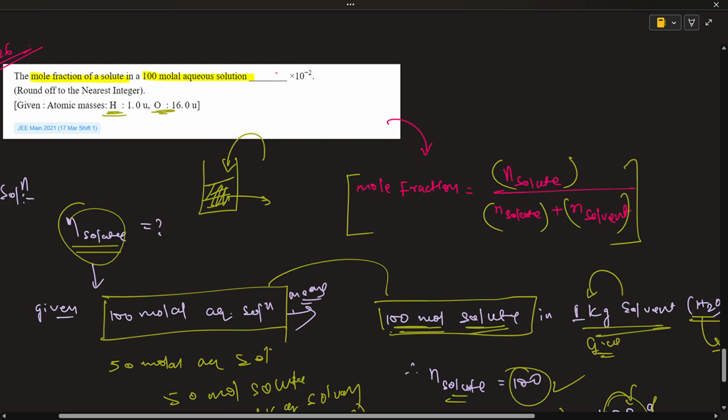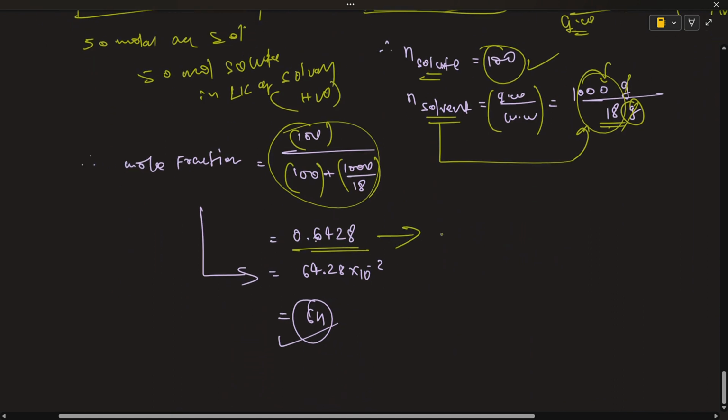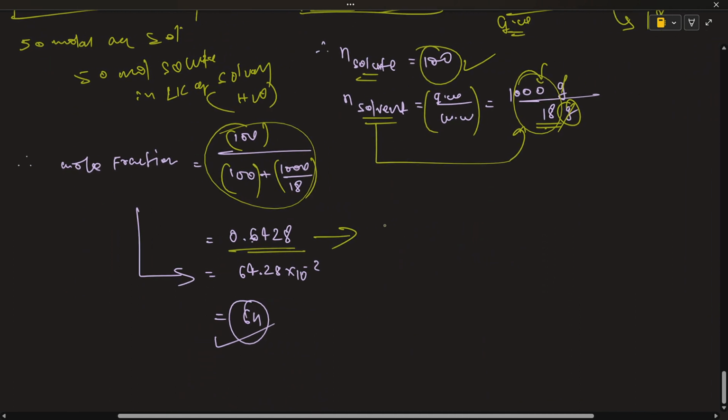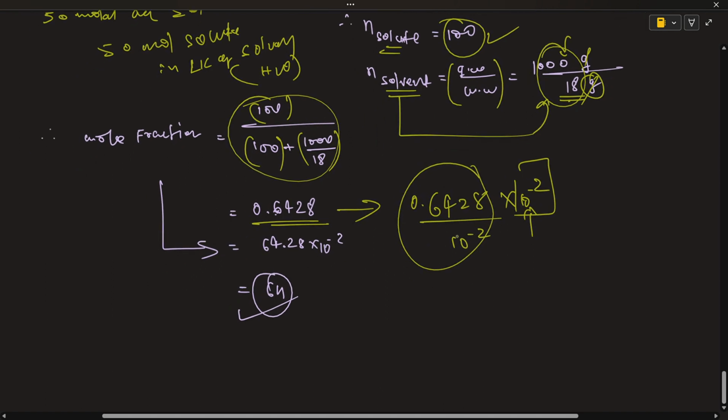Okay, and in the answer we have to write in this format, which is 10 raised to the power minus 2. Many times we have seen this type of question. 0.6428 is here, so we'll write 10 raised to minus 2 on the upper side and 10 raised to 2 in the denominator. You solve this part and take this part as it is.